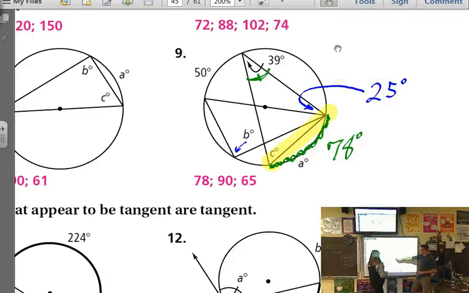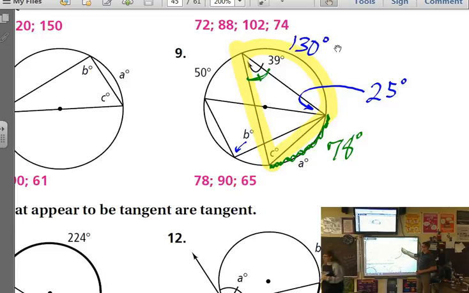So she's saying C, the lines used to make it, intercept this arc, which is all that's left over from the semicircle involving 50. So this has to be 130, which means this has to be half that, or 65. Any questions?